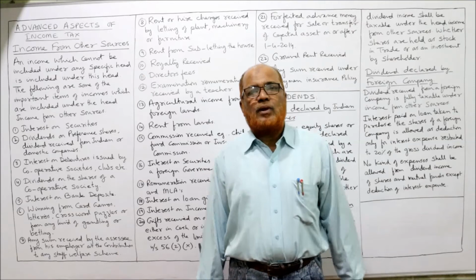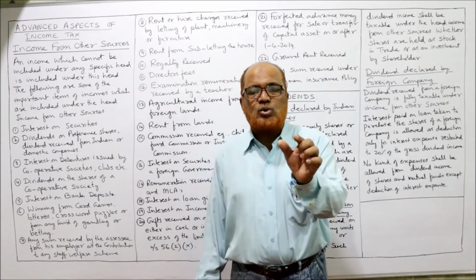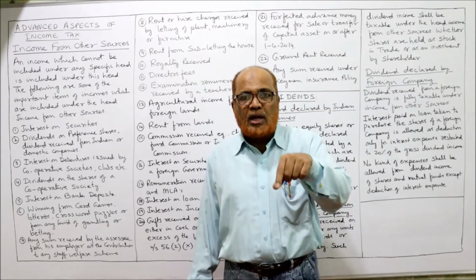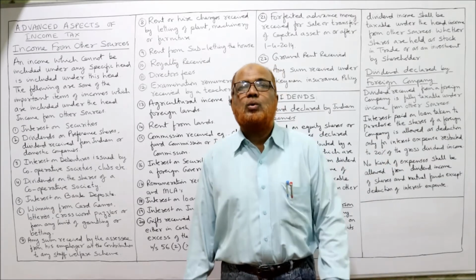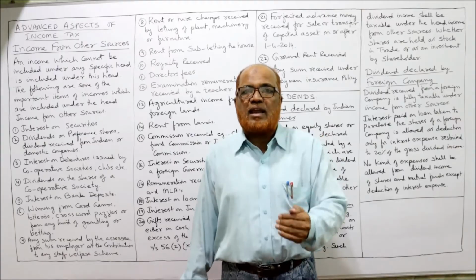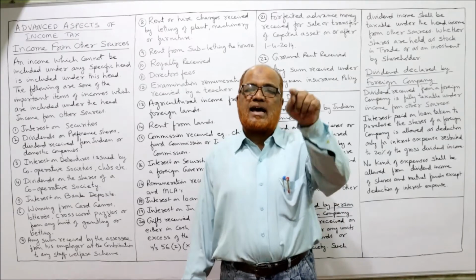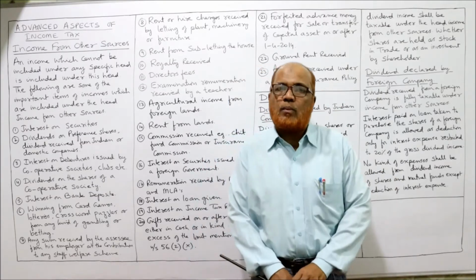Income from house property. This head will be used when a person is the owner of house property and has let out the house to the tenant and is receiving the rent. Then that rent is taxable under income from house property.